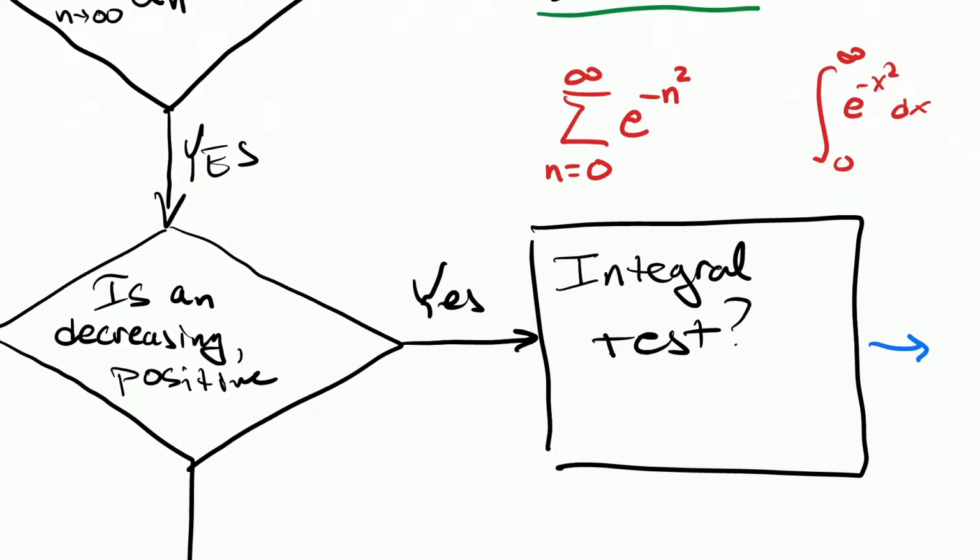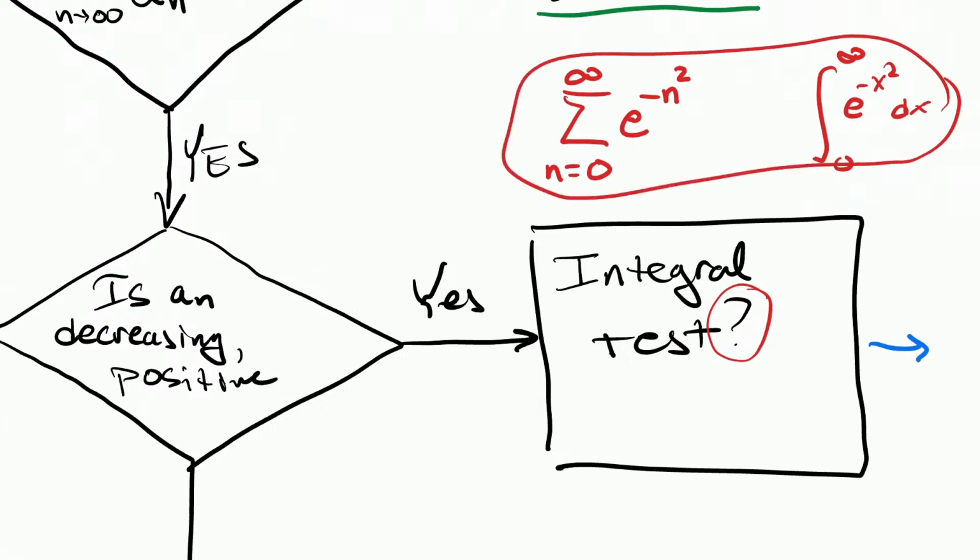You can punch it into Desmos and it'll be like, I don't know. But it's finite. So that's why I say question mark, is that maybe you'll want to use the integral test. Maybe not. Like with this, I would probably use a comparison test or something else.